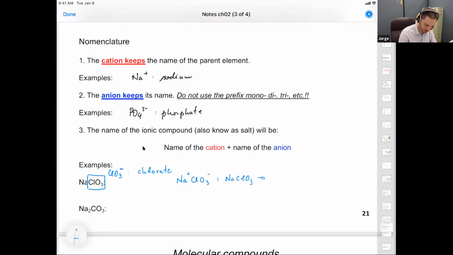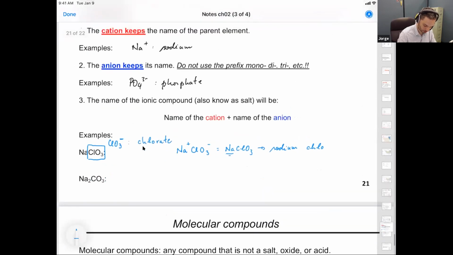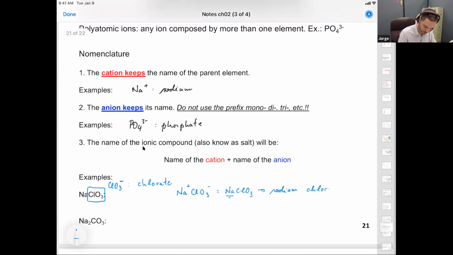The name of this compound is going to be the name of the cation, sodium, then a space, and then the name of the oxoanion. And that becomes sodium chlorate.